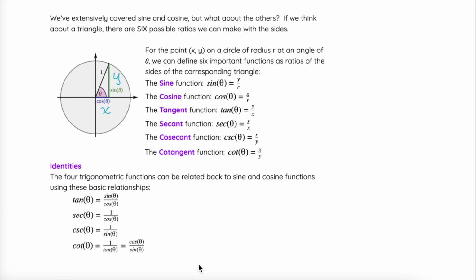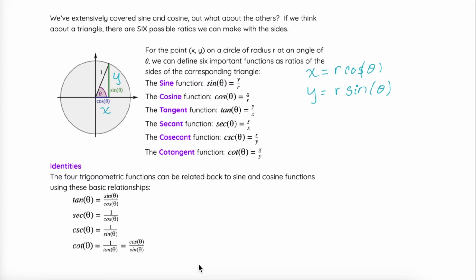Now we're going to define tangent as our y value over our x value. So recall that we could define x as the radius times cosine of theta, and y is the radius times sine of theta.